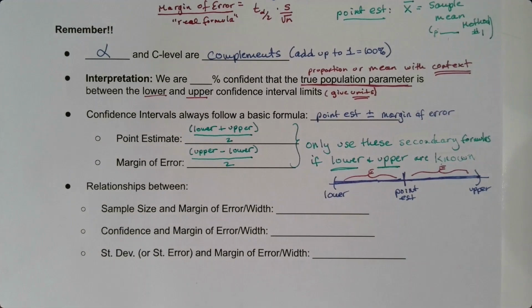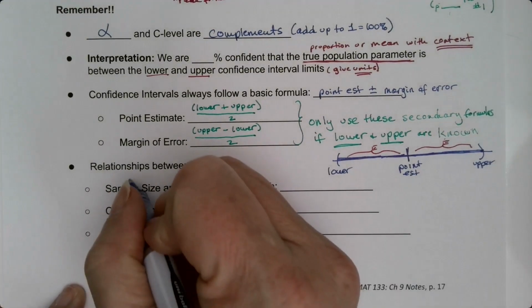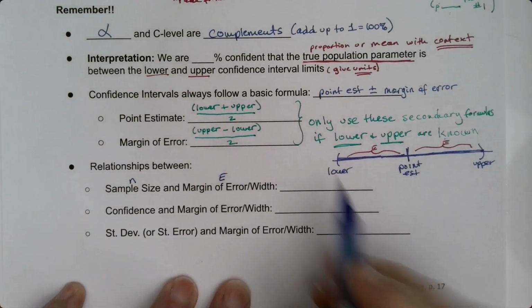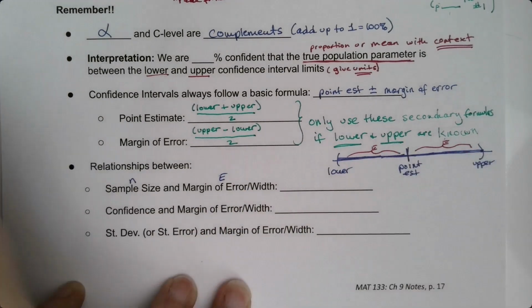Okay, so now for the last bits. The relationships between sample size and margin of error. Well, we learned that in section 9.4, but suffice to say that sample size, which is n, and error, wherever error goes, width goes, because the width of the interval is this whole thing here.